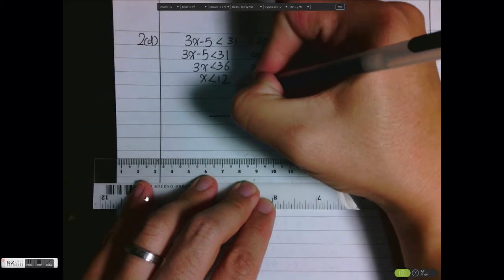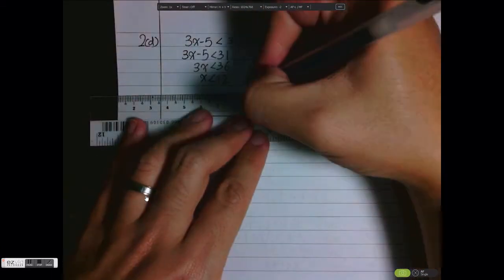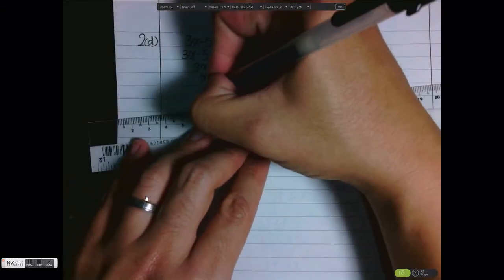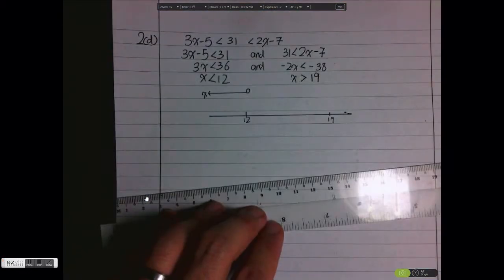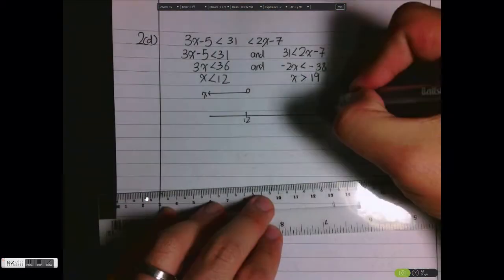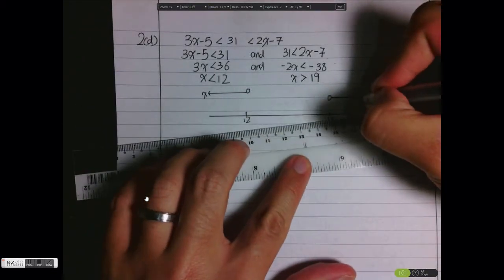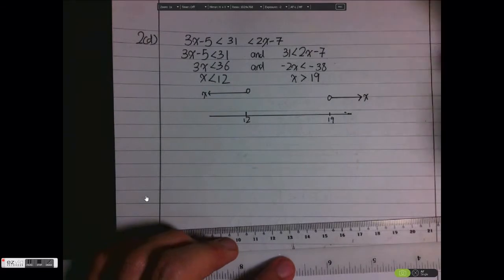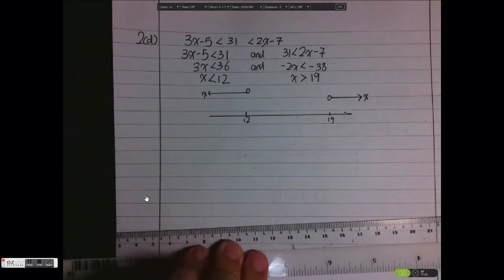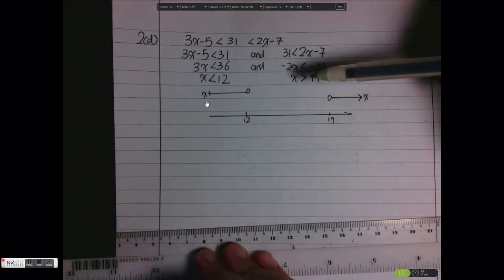X is lesser than 12, this one, so we write x is lesser than 12. Okay, and we also have x is greater than 19. So down here I have x is greater than 19. Then I shall attempt to find where these two inequalities overlap.